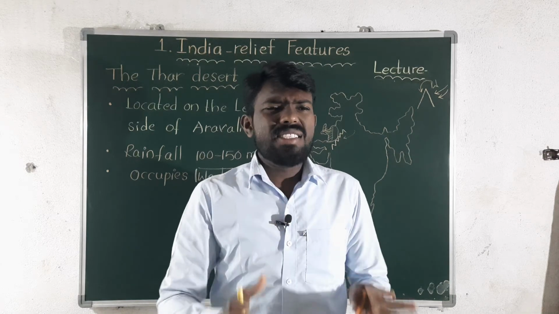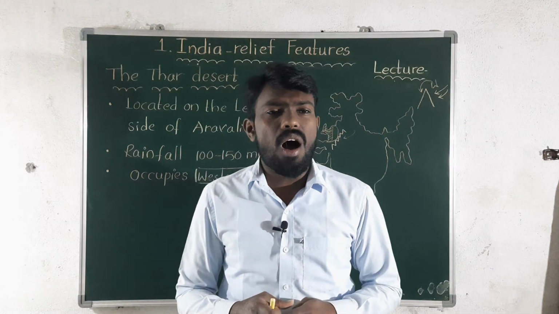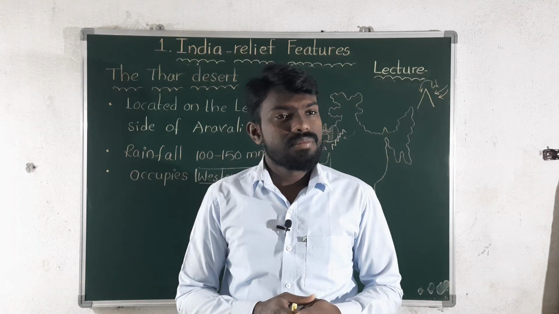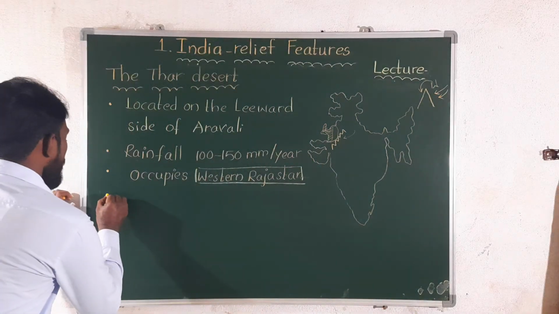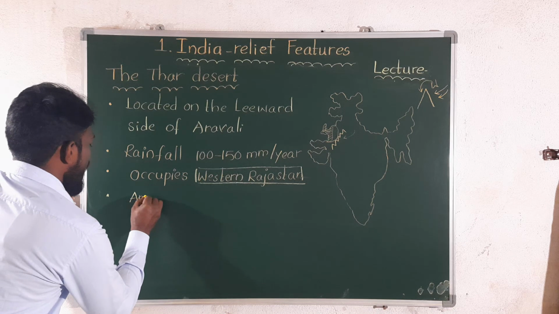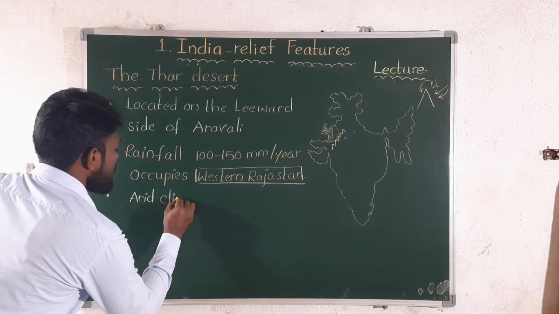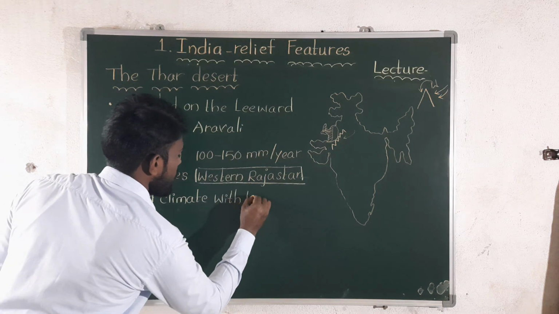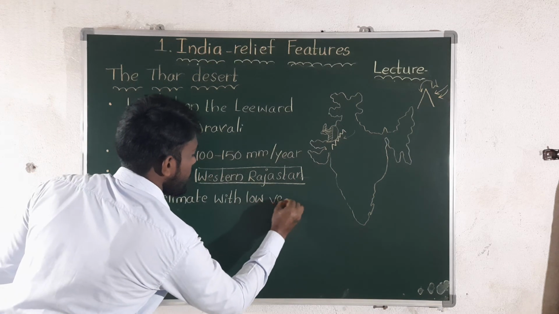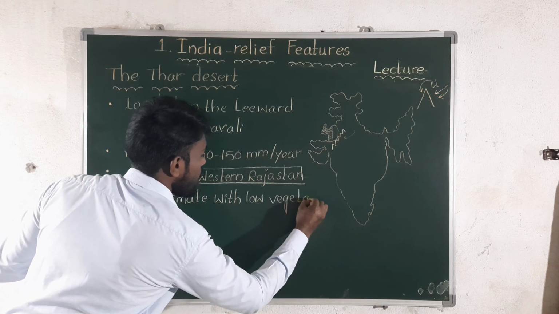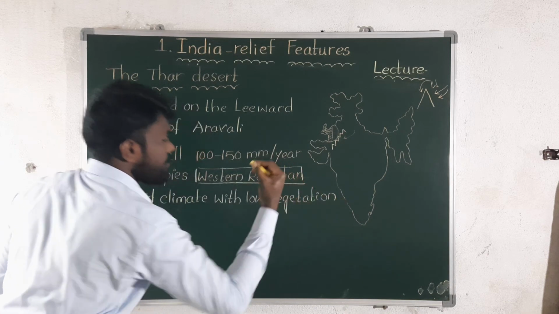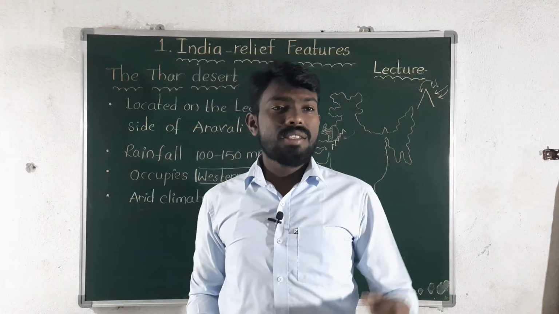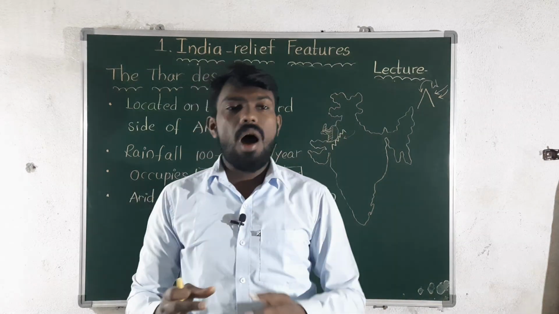The Thar Desert has an arid climate with low rainfall and low vegetation.